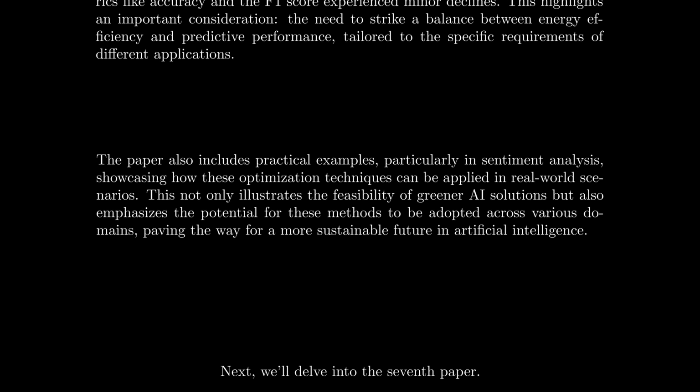The paper also includes practical examples, particularly in sentiment analysis, showcasing how these optimization techniques can be applied in real-world scenarios. This not only illustrates the feasibility of greener AI solutions, but also emphasizes the potential for these methods to be adopted across various domains, paving the way for a more sustainable future in artificial intelligence.